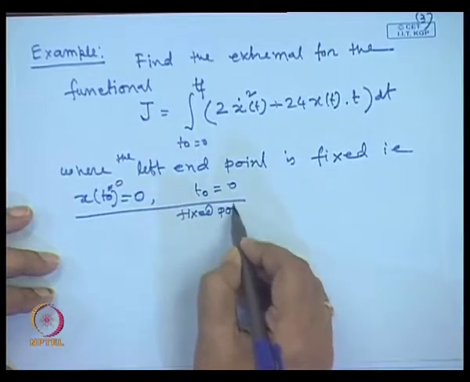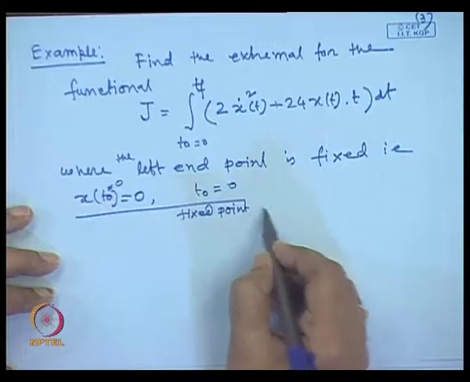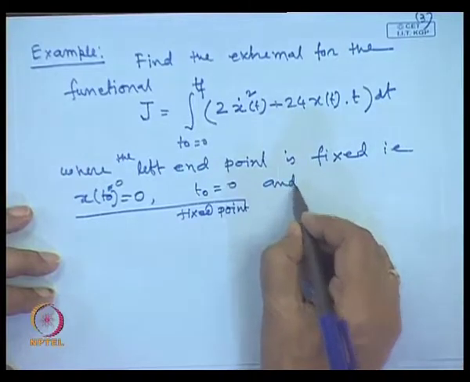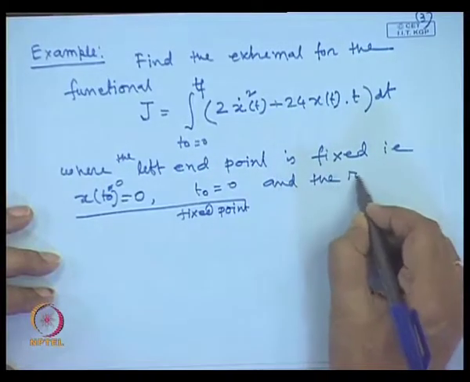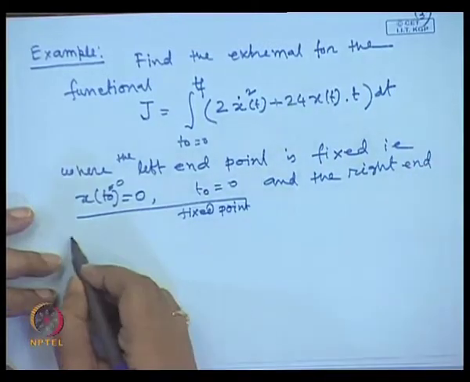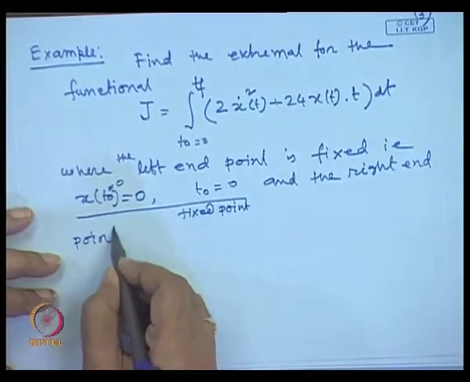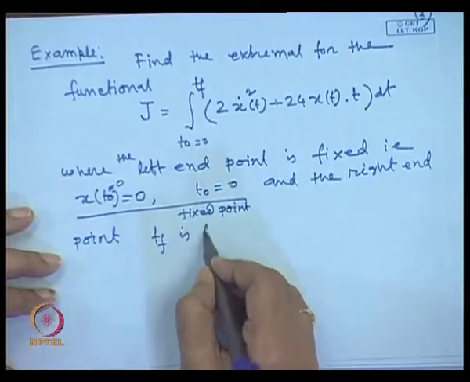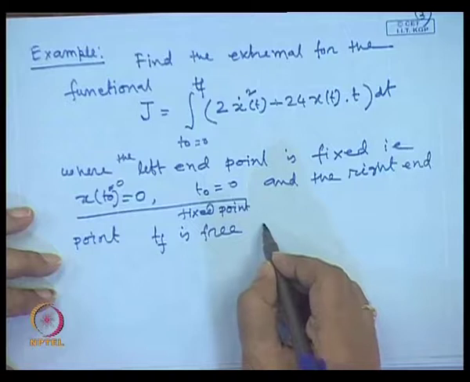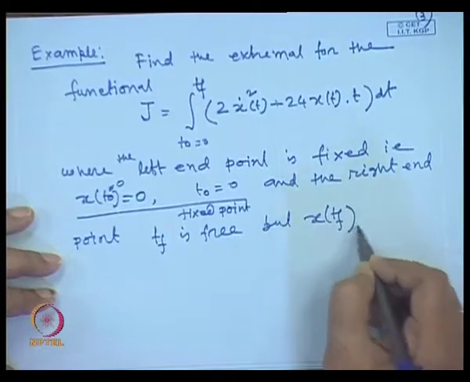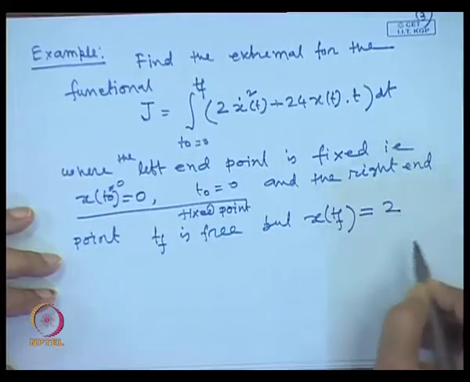You can assign this point as A. And the right end point tf is free, but x of tf is equal to 2, which is fixed.